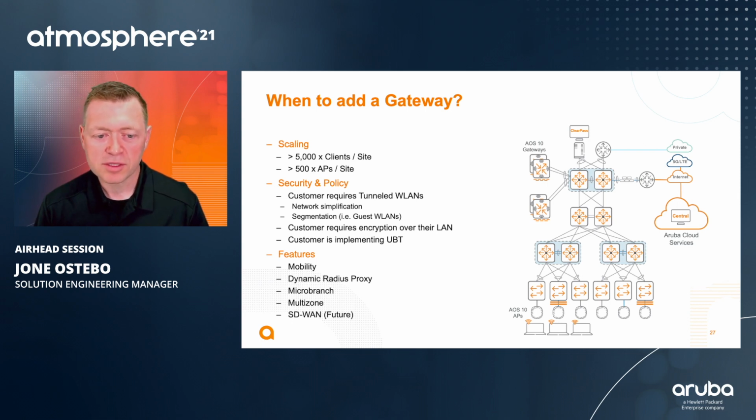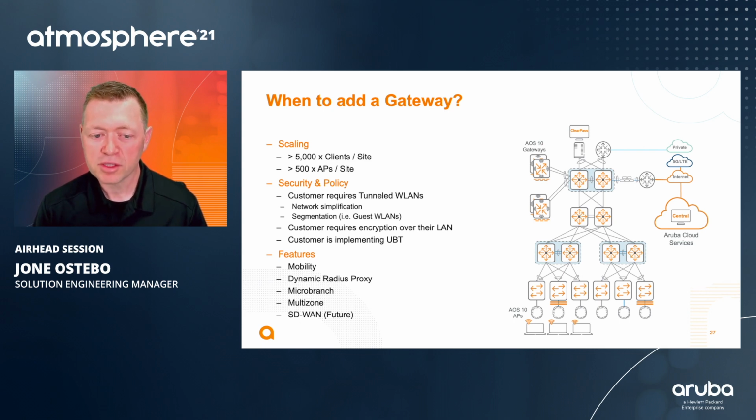Then we add something we call multi-zone. Multi-zone is the ability to choose which traffic goes where. Like I mentioned in the previous slide, we might have some clients, like the cameras, going to one cluster that might be in a data center managed by the facilities or the security department of the company.